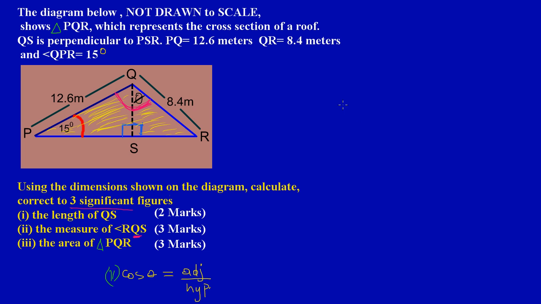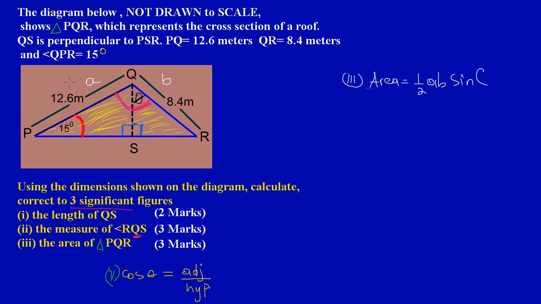And that formula states, so this is part 3 I'm working out, area is equal to half of AB sine C. Now what is AB? AB would be the sides that are given, the two sides that form the angle that we're speaking about. So for example, this would be A, that 12.6 meters, and the 8.4 meters would be B. Now we need to find this angle here.